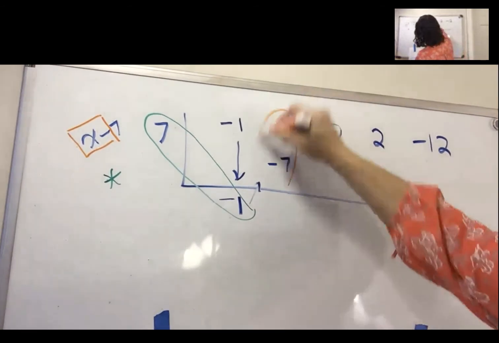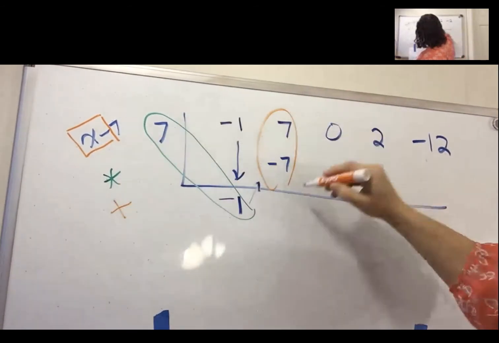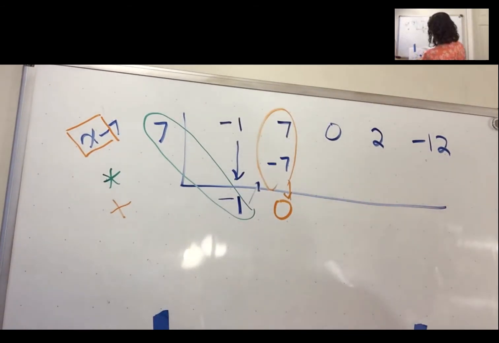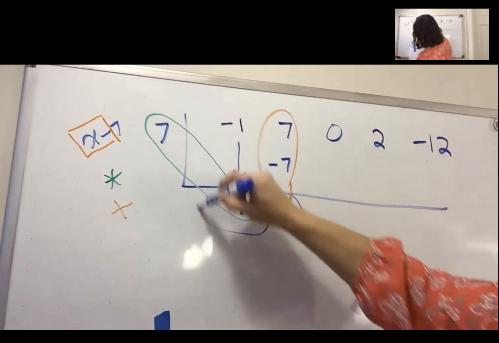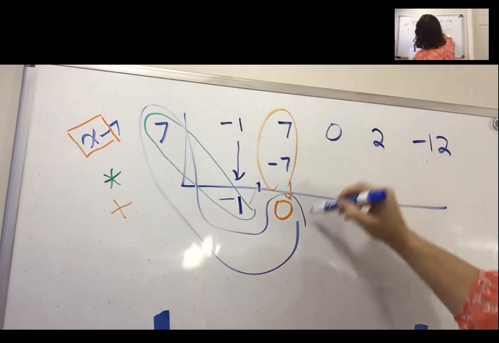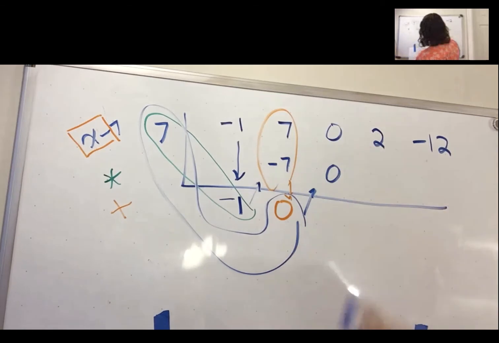And then we take those numbers and we add them. So this time around I got 0. And then I take that 0 and I multiply it. And so 7 times 0 is 0. So that answer goes there.